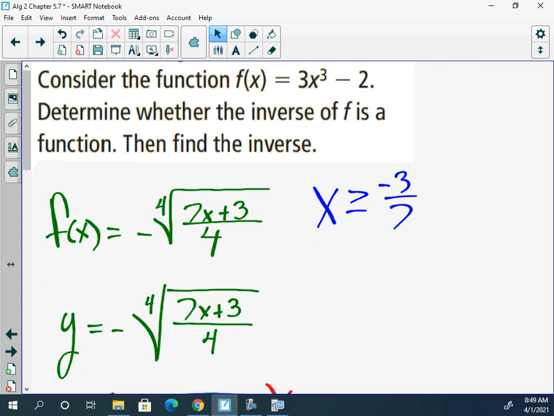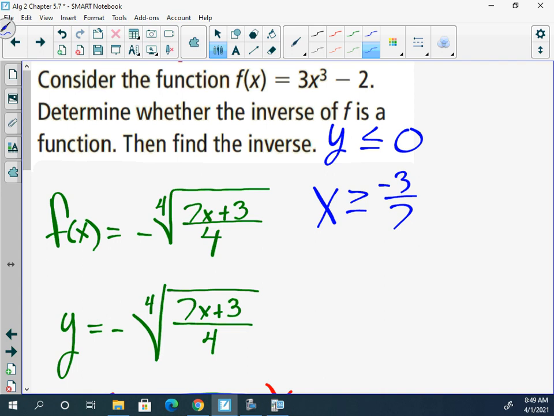And again, as we said, the range and domain switch. So here it's saying that y is going to be less than or equal to 0. So when they switch, it would tell us that our new domain would be less than or equal to 0, and the range would be x is greater than or equal to that there. But I'm not worried about y'all being able to pick that up and do that here. Okay?